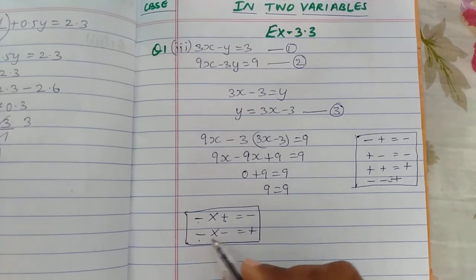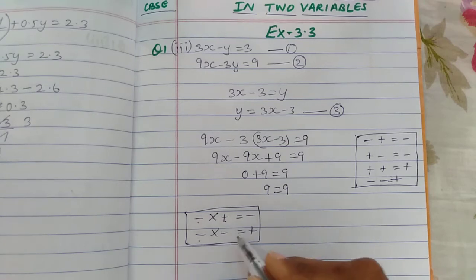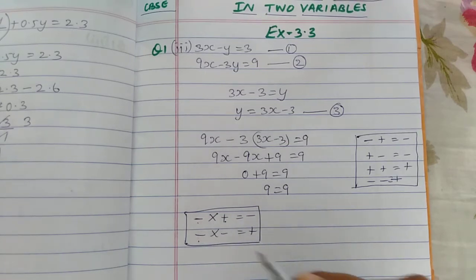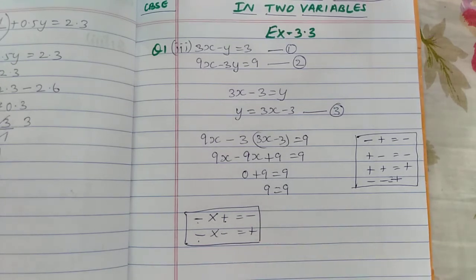And the same way, if you are multiplying two numbers with the minus sign, then you just have to blindly put a plus sign. You don't have to worry whether the numbers are of equal value or if it is a greater number or anything like that. Just follow these rules. If you still have any doubts in this, I will create another small video for you on this topic so that you will get a hang of it. Okay, now let's move on to the second part.